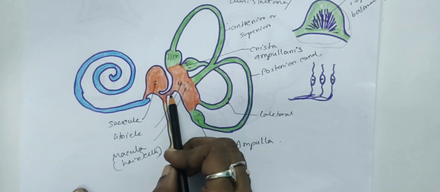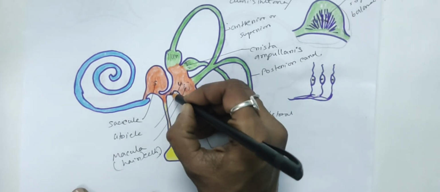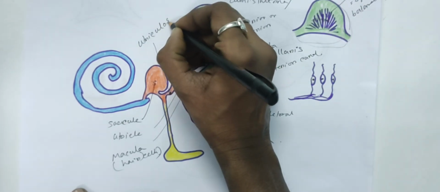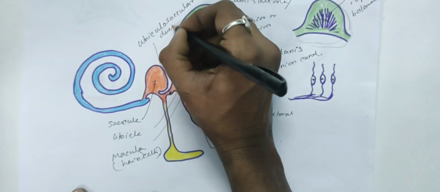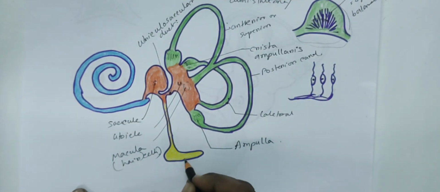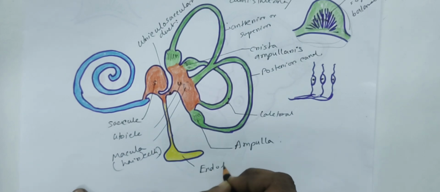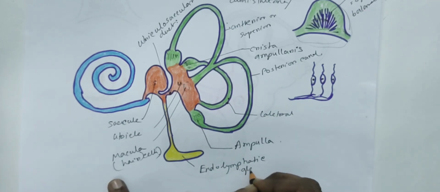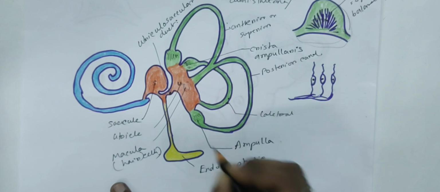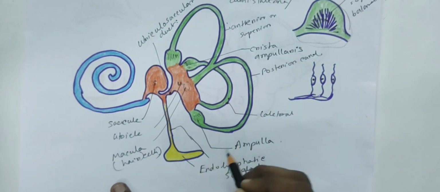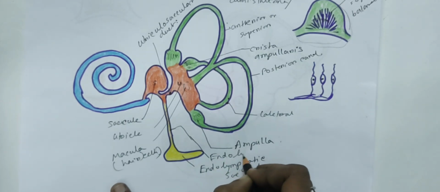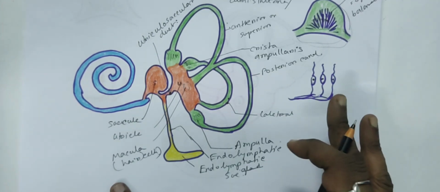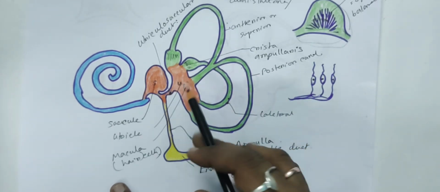This duct is called the utriculo-saccular duct, and this is called the endolymphatic sac, and this duct is called the endolymphatic duct. So these are about the vestibule.